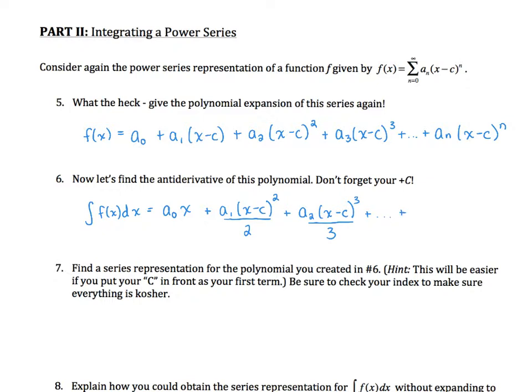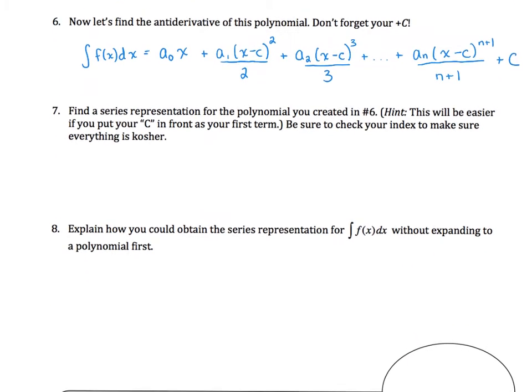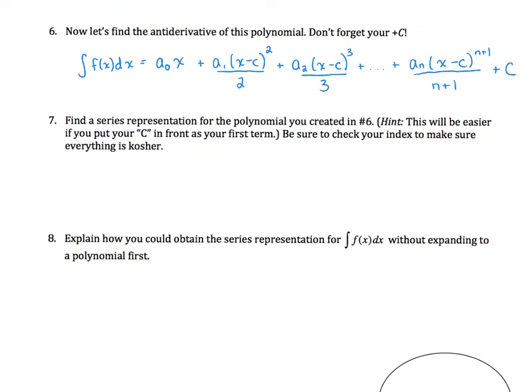So that ultimately, a_n stays the coefficient, and then (x minus c) to the n plus 1 all over n plus 1. Oh, and I forgot my plus c. There it is. Look at me, but I caught it. So find a series representation for the polynomial that we created.